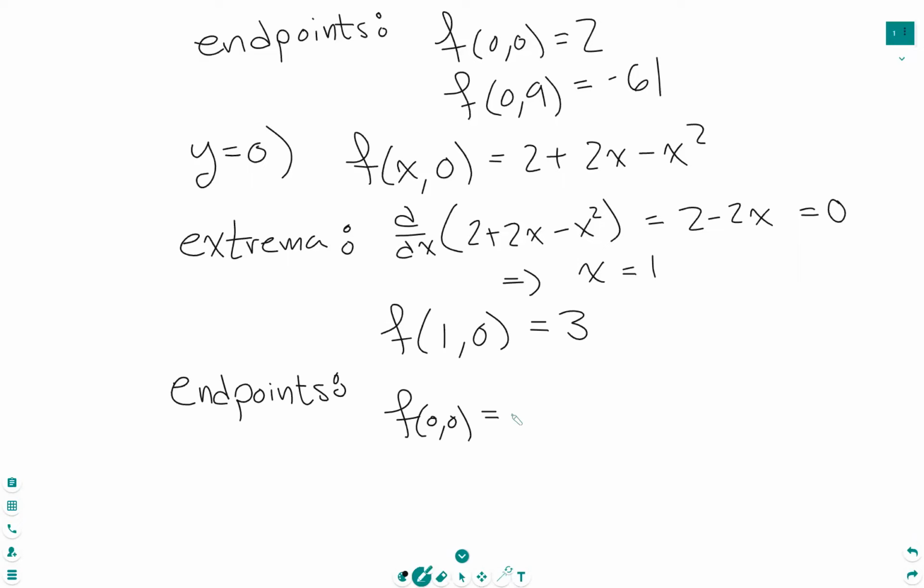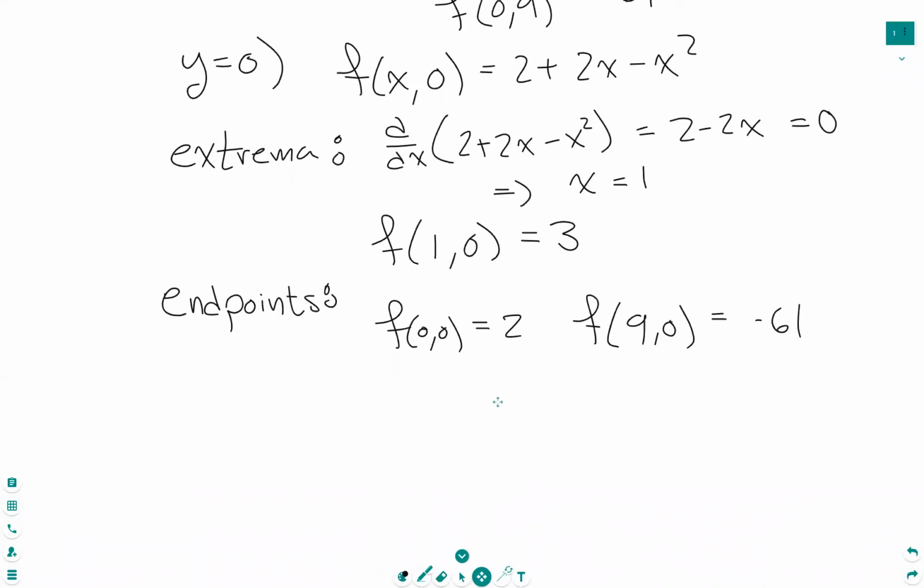Of course, you don't need to do this, but for sanity's sake, this is the endpoint for this curve. But the other endpoint we haven't tested yet, which is 9, 0. And this is negative 61. Huh, okay. So both of these have negative 61, 0, 9 and 9, 0. So they're both tied for being our absolute min so far.